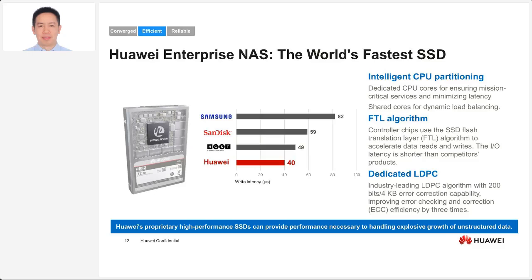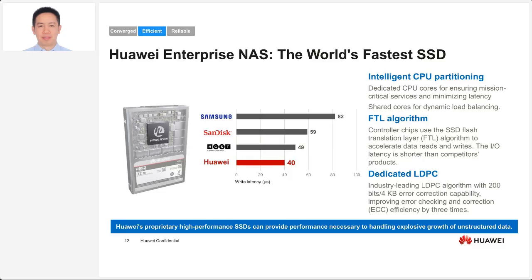This is because we provide an intelligent CPU partition, and with these controller chips that use the SSD flash translation layer, we call it the FTL algorithm, to accelerate the data reads and writes, the I/O latency is shorter than the competitors' products. That's one of the key technologies which we provide end to end.